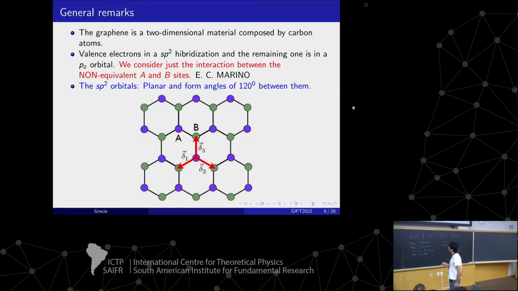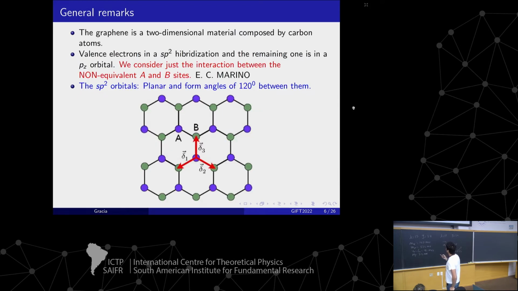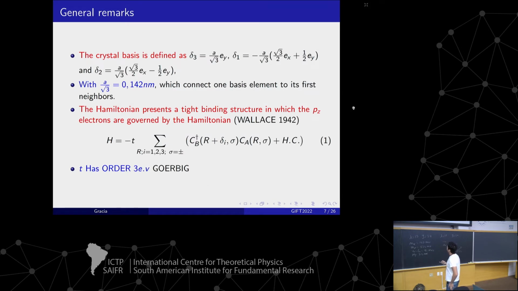Let's evaluate what the basis for this crystal is. It is delta 1, 2, and 3. Let's see their definitions. It's interesting to see that Marino has an interesting book about this kind of quantum field theory applied in materials, okay? The crystal basis is defined above.